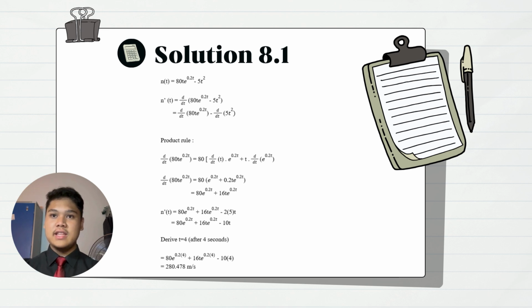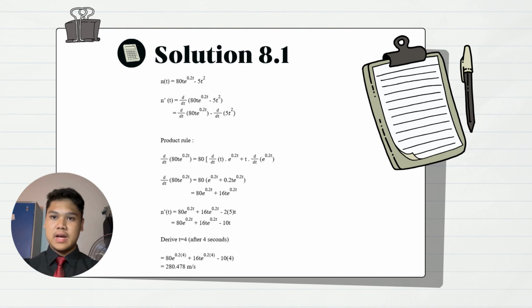For the 80t e to the power of 0.2t, we're going to apply the product rule. So it's going to be 80 times d over dt of t times e to the power of 0.2t plus t times d over dt of e to the power of 0.2t.